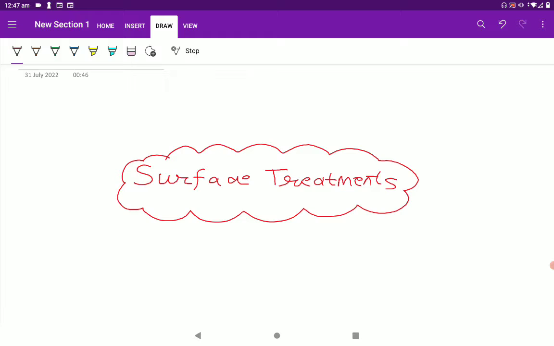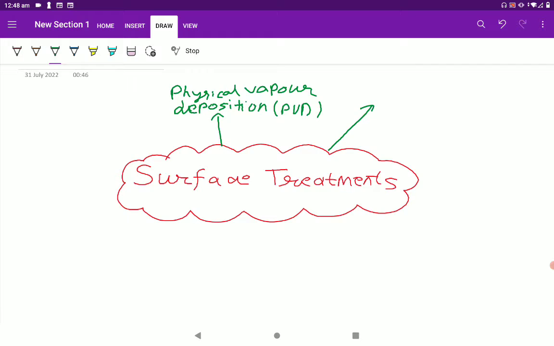We can classify the surface treatment, first, as physical vapor deposition method, which is also known as PVD method. The second method belonging to this category is chemical vapor deposition, which is known as CVD method.